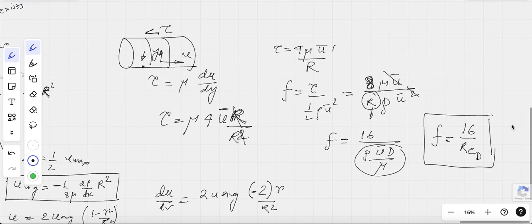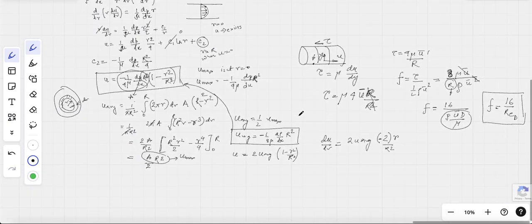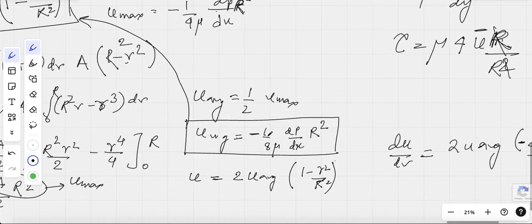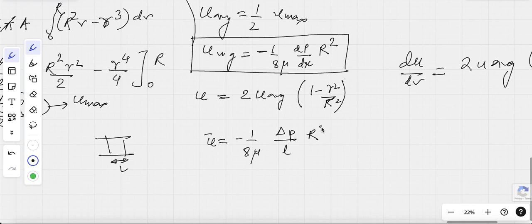Moving forward, we will use this equation. Right. U average is equals to minus 1 by 8 mu delta P by L. This is the pressure drop over a length L. R square.